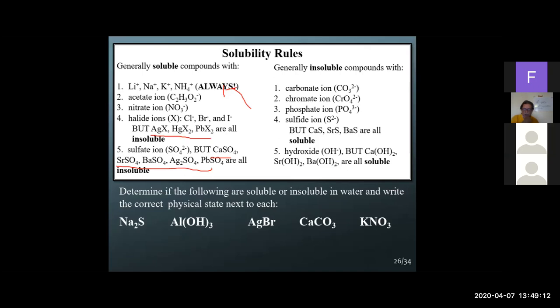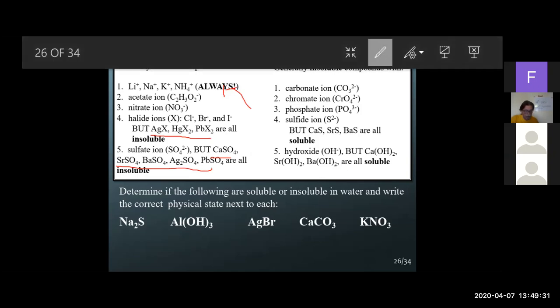Any cation, any positive charge metal that is bonded to the sulfide is insoluble except the guys in number 1, lithium, sodium, potassium, and ammonium, and these 3 there. So you have 7 examples of sulfide ions bonded to the cation that are soluble. That means that everything else in the world that's bonded to it is insoluble.